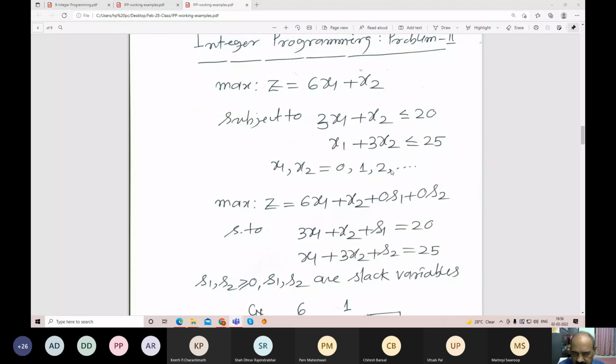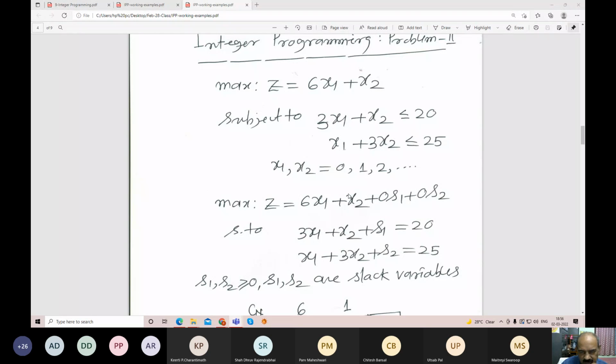So what is the value of x1? x1 equals 6, x2? 2. Yes, it is 38.